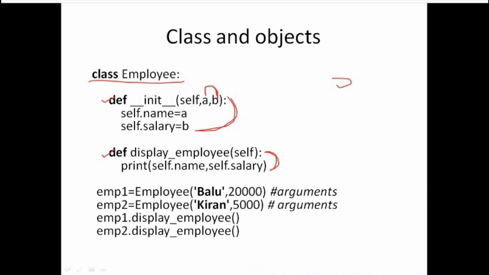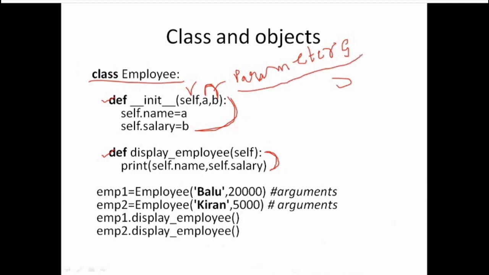Can you see that? Yes, sir. A comma b and self. Now forget about self for now. This a comma b are called parameters. Very, very important. Just remember this. They are called parameters.